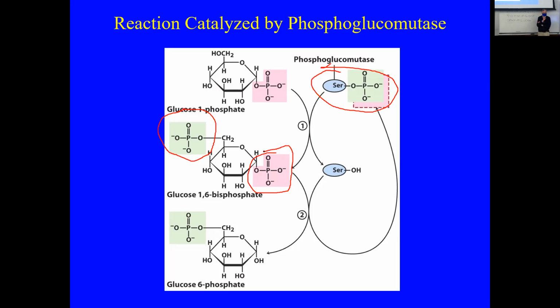Okay, the question is why with the glycogen phosphorylase does it stop removing glucoses when it's 4 sugars away from the branch point? And I think the simple answer is at that point this branch tends to not fit in the active site of the glycogen phosphorylase.